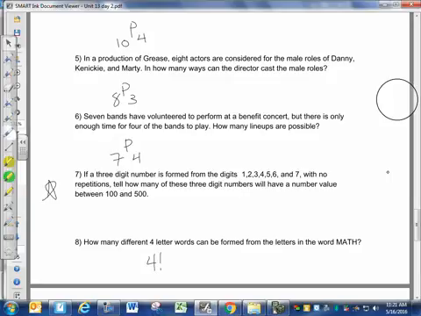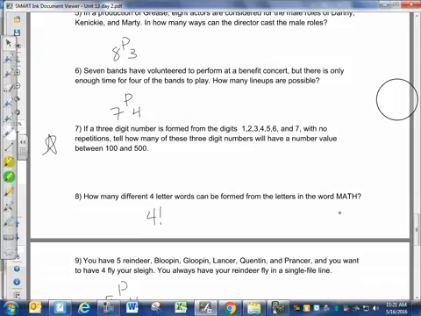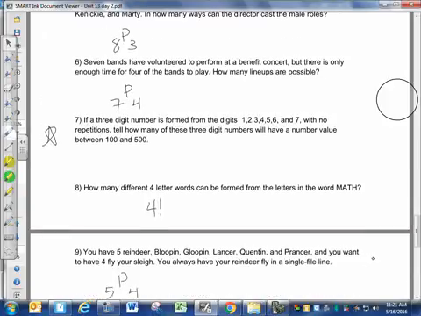So, 7P4. Number 7, 3-digit numbers formed from the digits 1, 2, 3, 4, 5, 6, and 7 with no repetitions, from 100 to 500. You have either 1, 2, 3, or 4 as the first number, because you can't have 5, since 523 and 567 are too big.